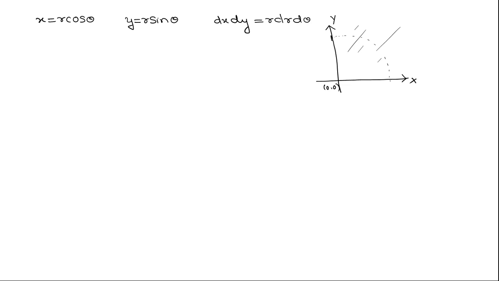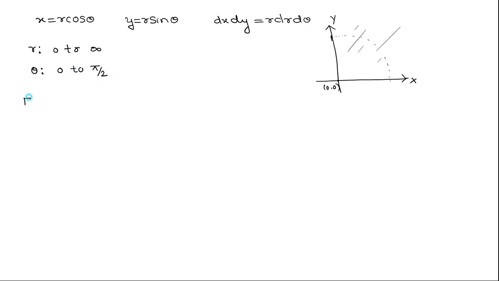In this region of integration, the radius vector r varies from 0 to infinity. So the lowest limit for r will be 0, and the upper limit for the whole of the first quadrant is infinity. And theta in the first quadrant varies from 0 to pi by 2.